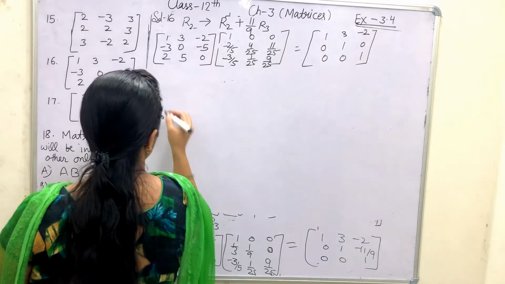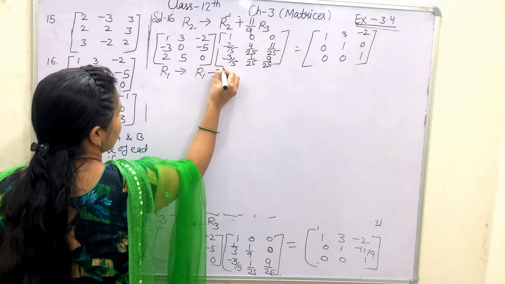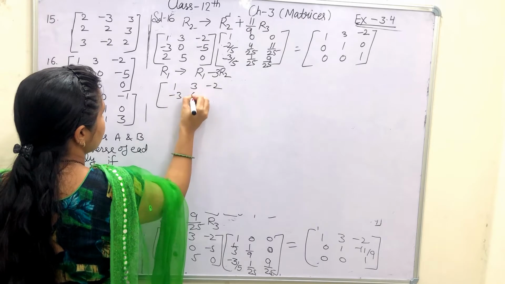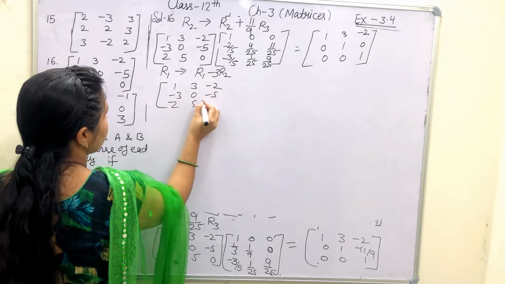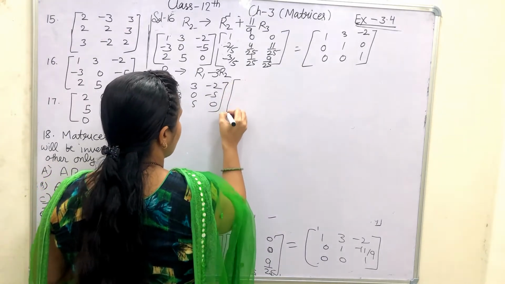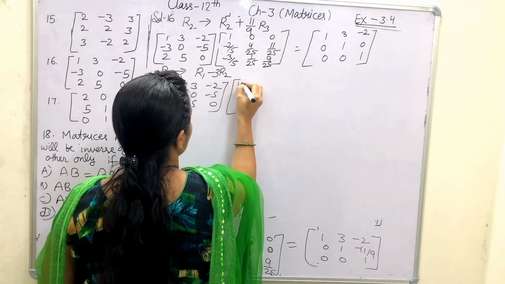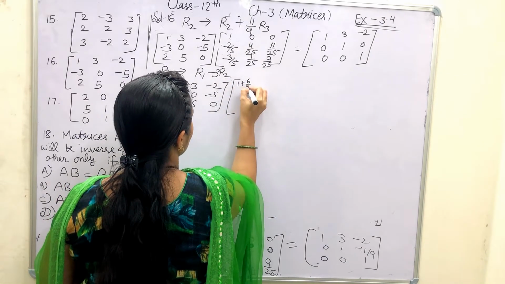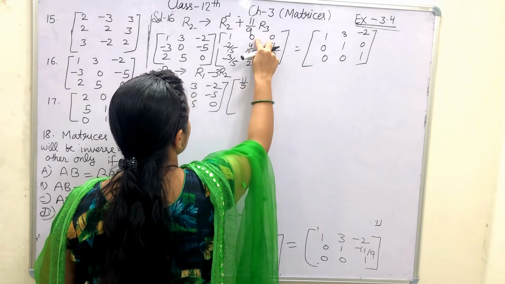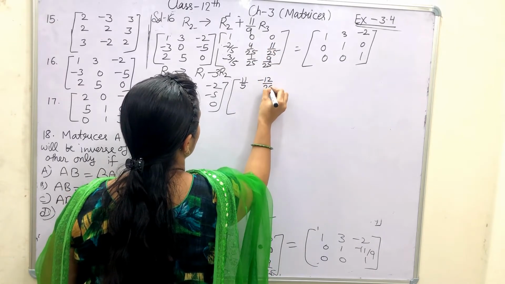Now R1. R1 minus 3 R2. 1, 3, minus 2, minus 3, 0, minus 5, 2, 5, 0. R1 minus 3 R2. Here is 1 minus minus plus 6 by 5 means 11 by 5. Here is 0 minus, so minus 12 by 25.